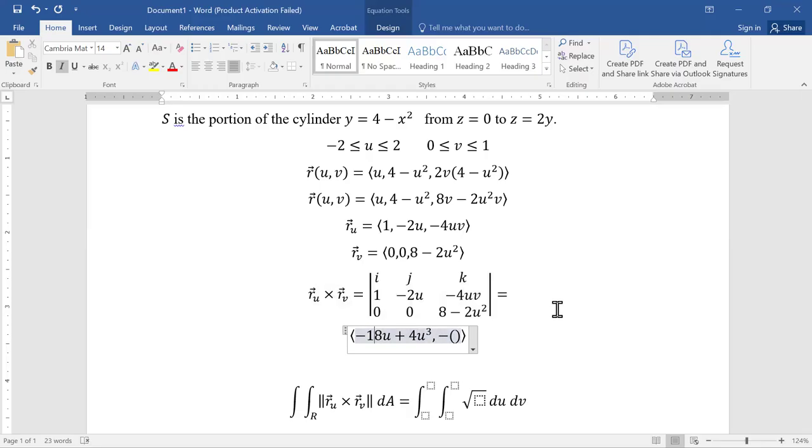Oh, I'm sorry. I said 16 and I hit the 18. Apologize on that earlier one. So we get 8 minus 2u squared. Negative of that becomes the j component. And to get the k component, 1 times 0 minus 0 times negative 2u becomes 0.